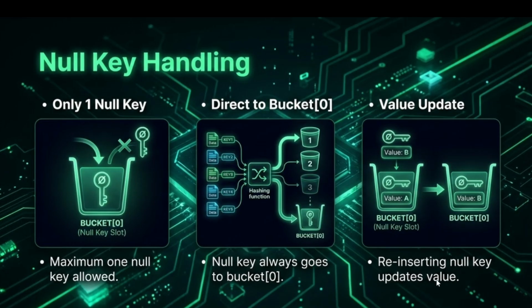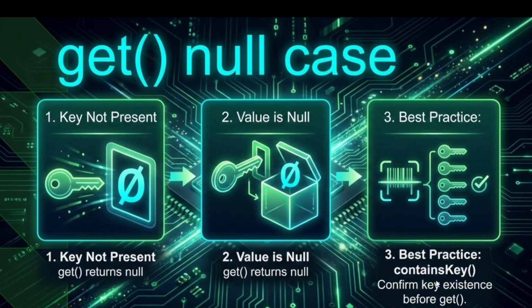Reinserting a null key, definitely it will update the value. Get null case: if the key is not present, at that time we will get a null. If the value is null also, we'll get null. So the best practice is to use the containsKey method.